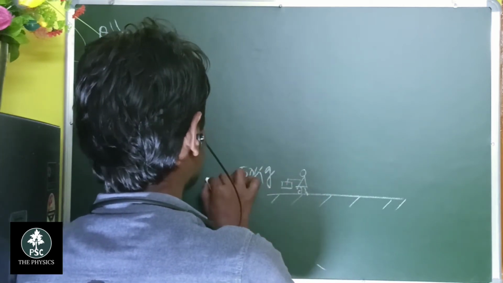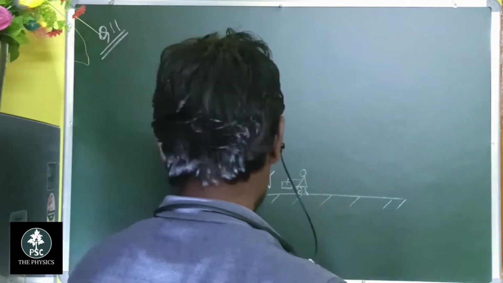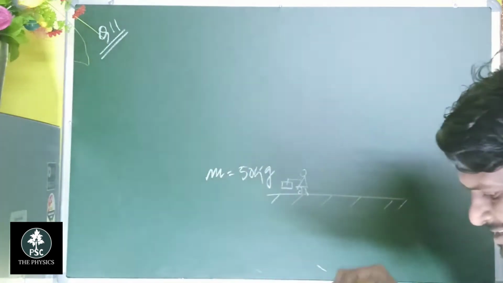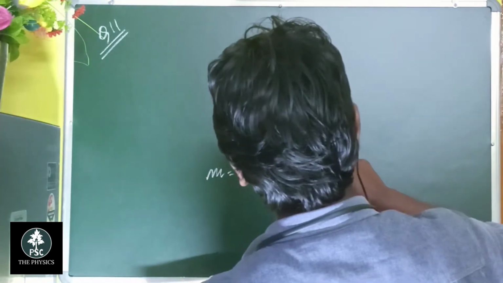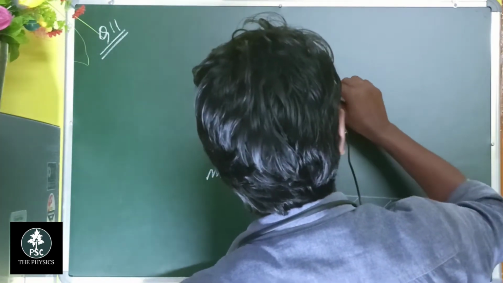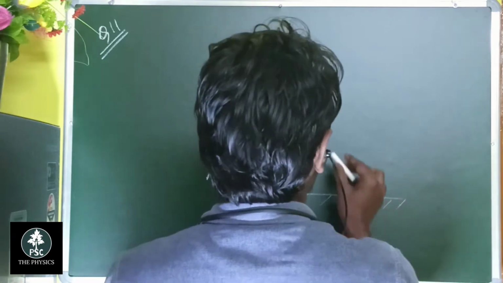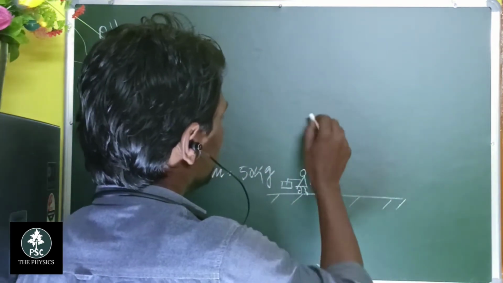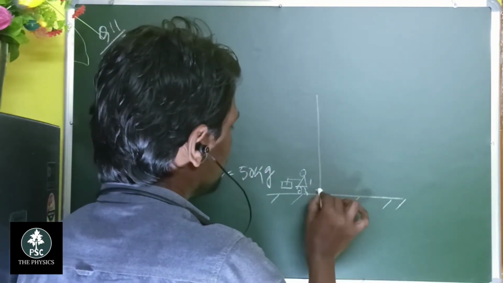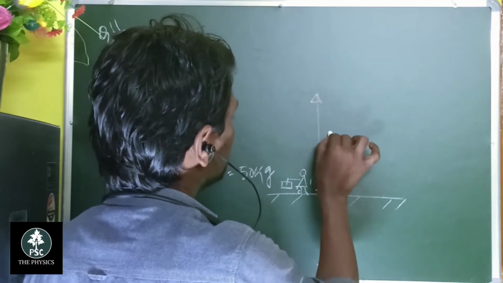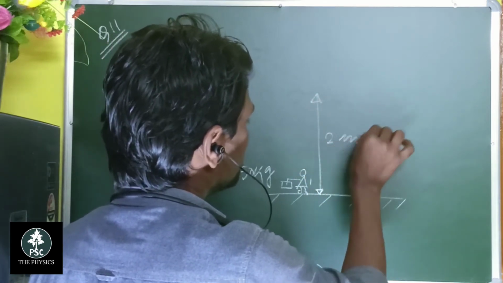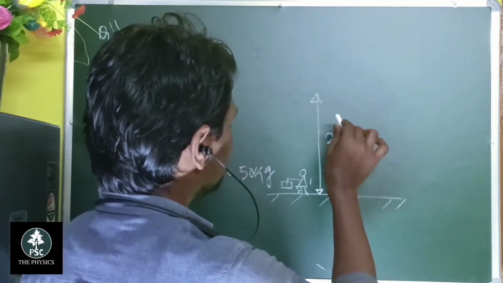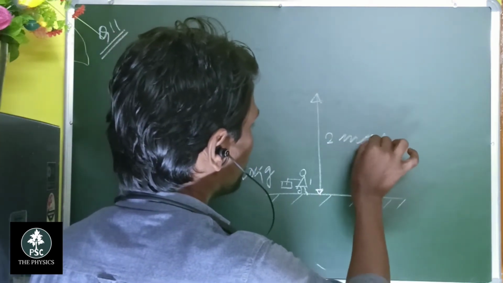This is the mass of the box, and it is raised to a height of 2 meter. So this is 2 meter, and this is h.